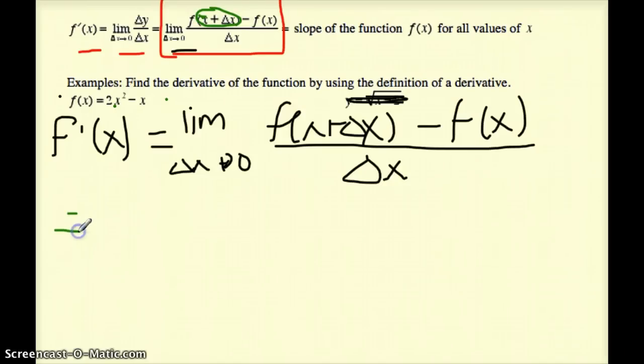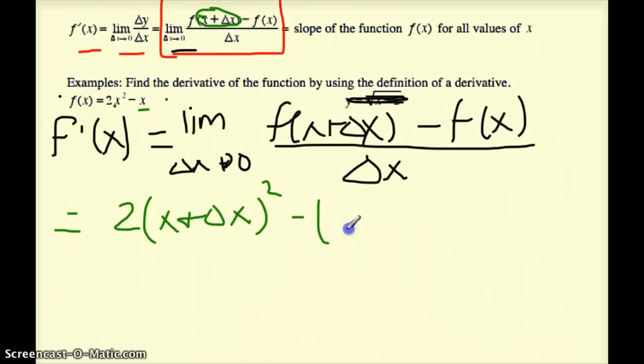So this is equal to 2 times, and like I said, the first one says plug in x plus delta x, close parentheses, squared, minus, once again I have another x, so I have to do x plus delta x, close parentheses.